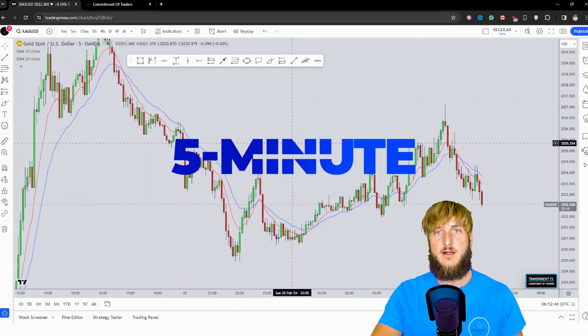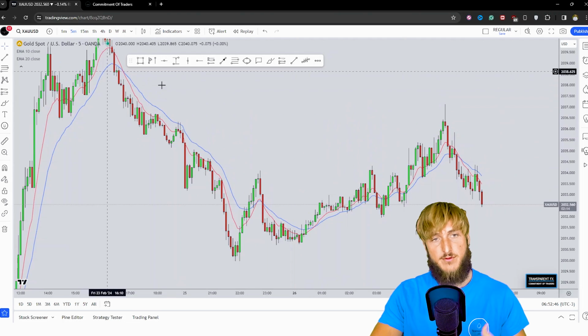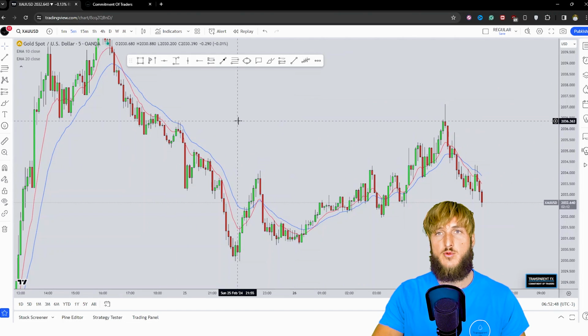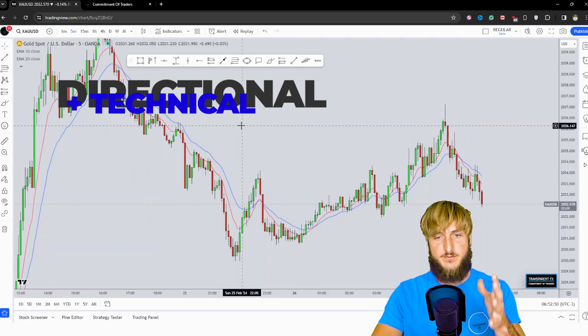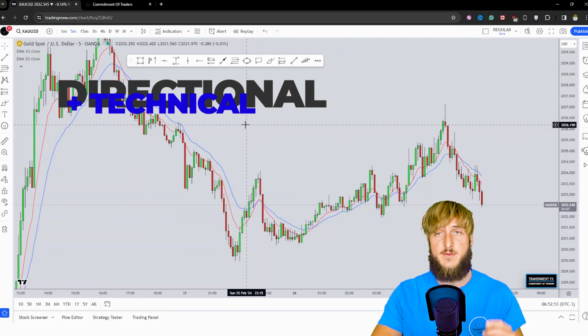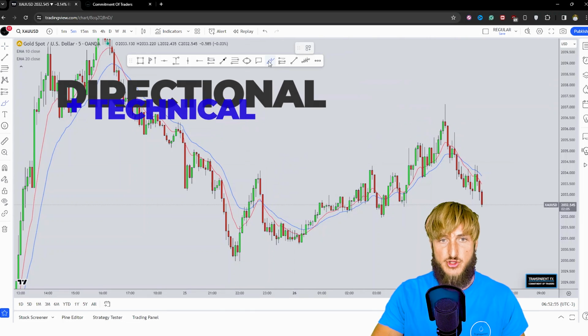Then you move to the technical side of the market. You open your 5 minutes time frame, you apply the 10 and 20 EMA, and that is where I want to put together these two different concepts for a potential scalping strategy idea.